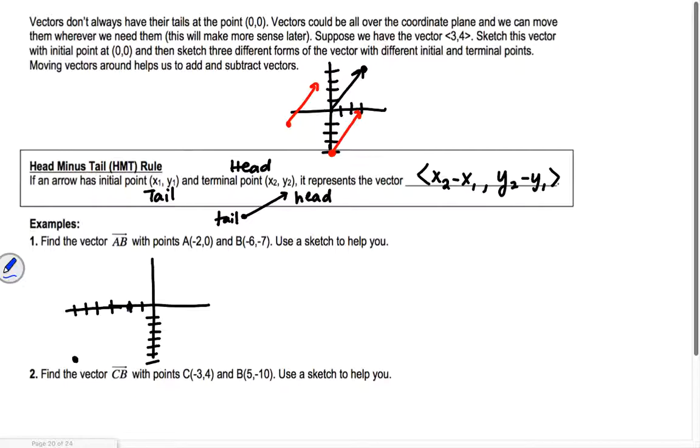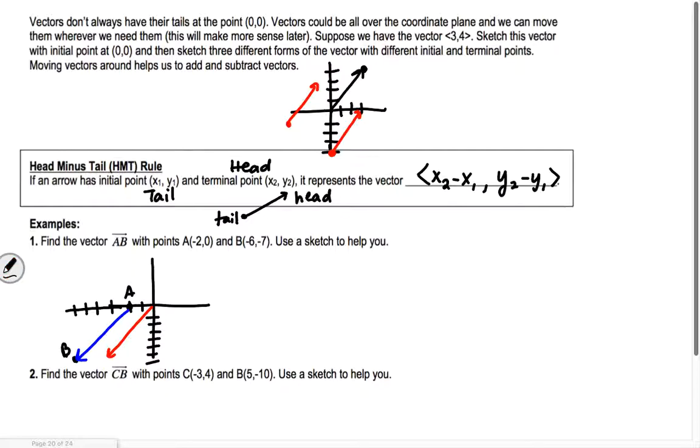It should be pointing, so it started at -2, 0 and it points to the -6, -7. And the reason I know that is because you guys see how it says A, B, and the arrow's on B? So I should have the arrow pointing towards the B point. So this was A and this was B. Okay, so imagine we took this vector and we just moved it over. It would be here. Right, it would just be moved over.